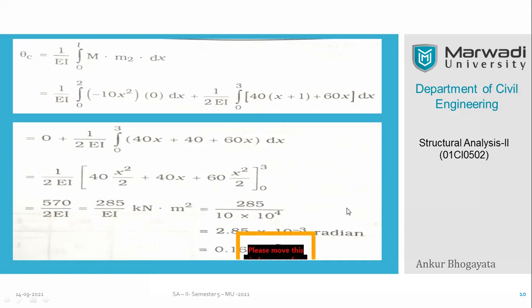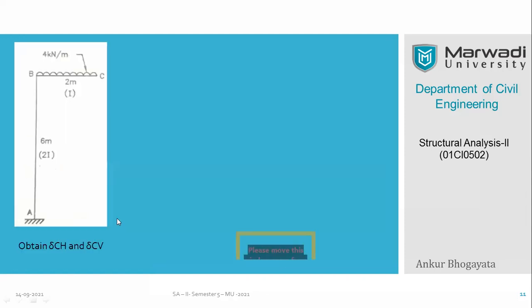And ultimately you can convert it into degrees also, by multiplying it with 180 divided by 3.14. That will give you the degree also in case you want. It is not mandatory, but as a final answer, you can write in radians, and you can also convert to degrees. So friends, I think we are all set with the other example.